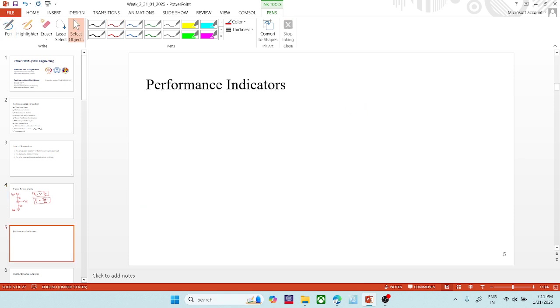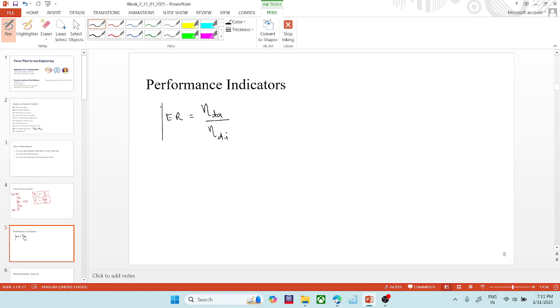Next, the performance indicators. There you have learned about the efficiency ratio. Efficiency ratio is nothing but the ratio of the actual thermal efficiency to the ideal thermal efficiency.